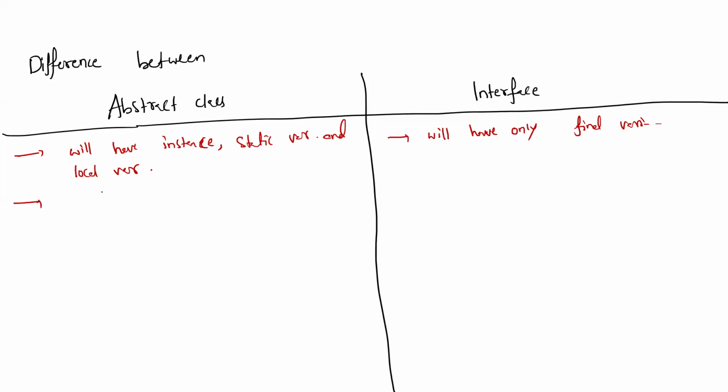Next, in terms of methods, an abstract class will have both concrete and abstract methods. When it comes to an interface, it will have only abstract methods.